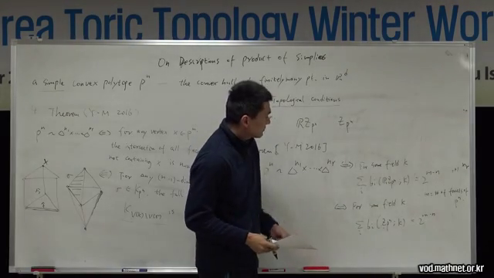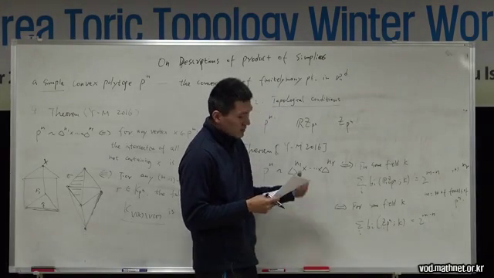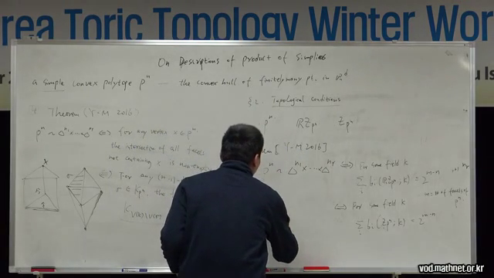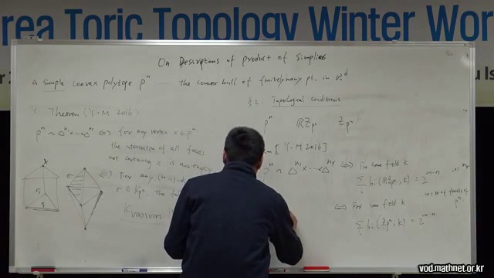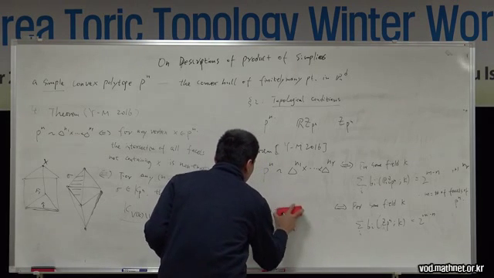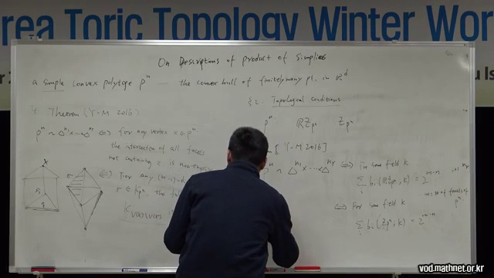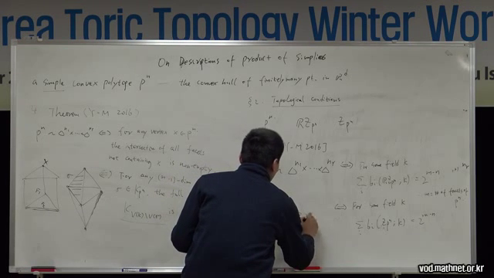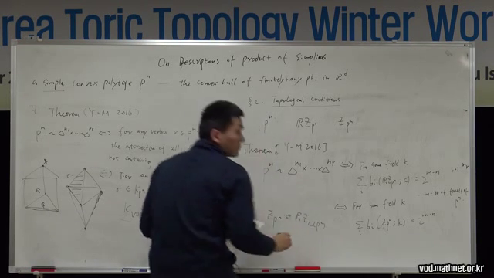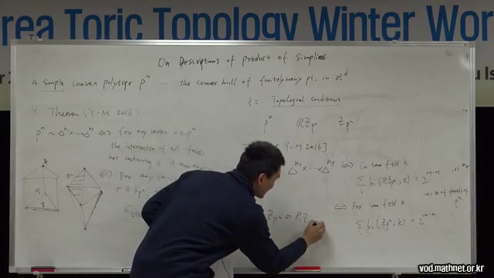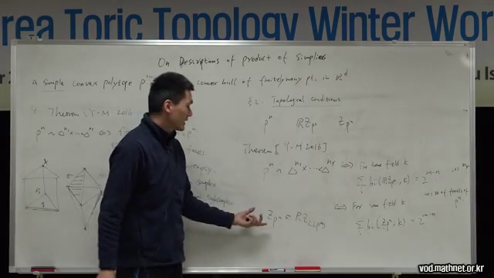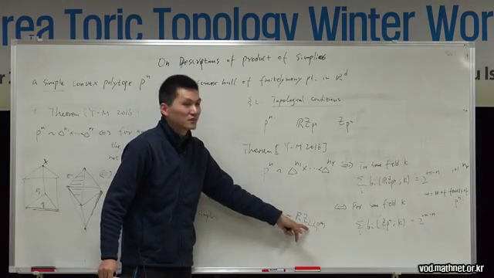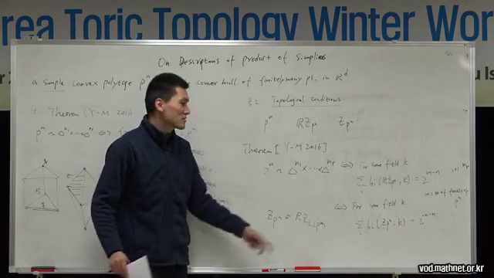For the proof, we can use this doubling construction. We know that RZ_P, as realized by Yuri Ustinovsky, can actually be written as the real moment-angle manifold of a doubled polytope.